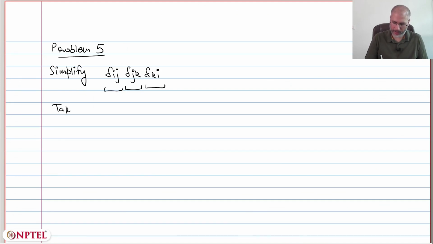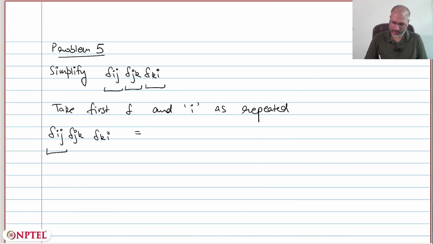So we'll say take the first delta and the index i as repeated. So the expression delta ij, delta jk, delta ki will simplify to, so we have this as the delta, and we have i as repeated.